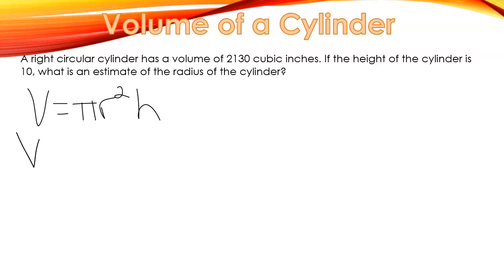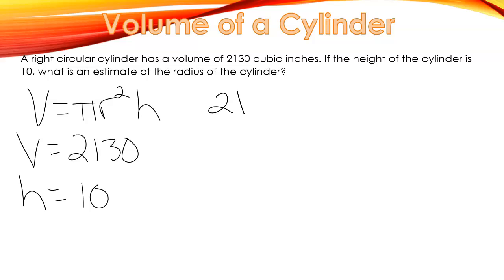We know V equals 2,130. H we know is 10. So I'm going to plug in what I know and then solve the equation. So 2,130 equals pi r squared times 10.